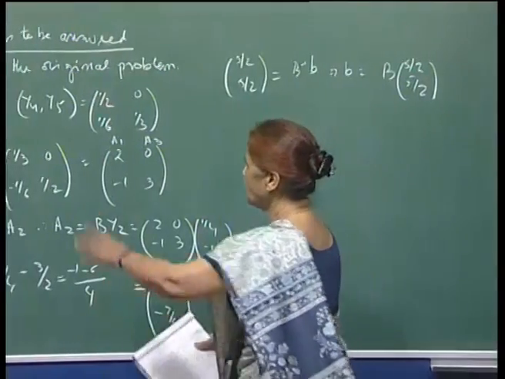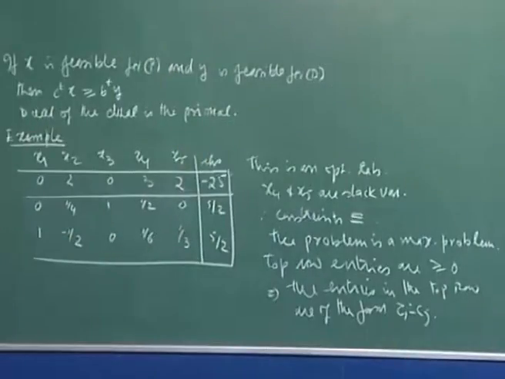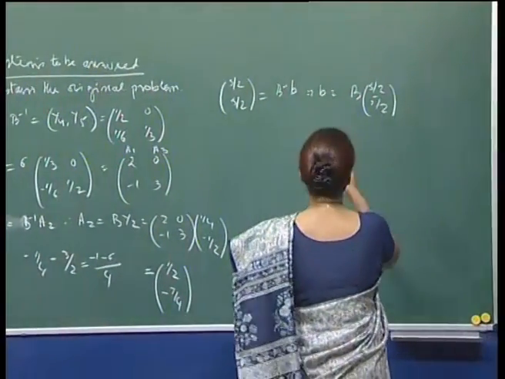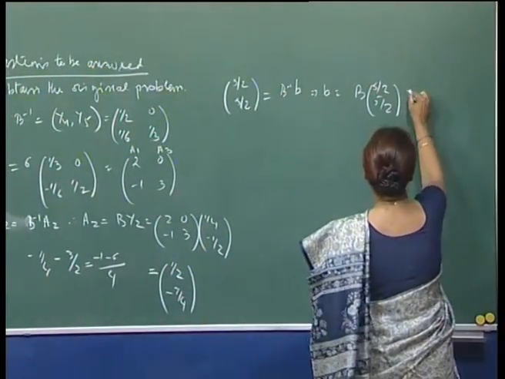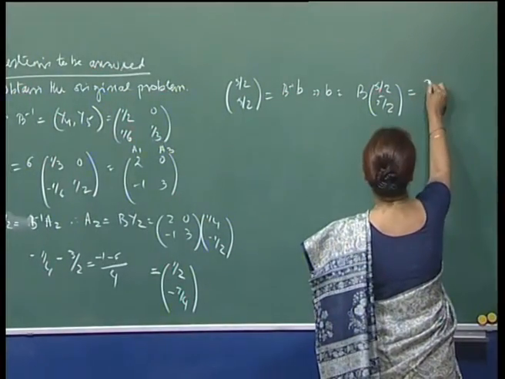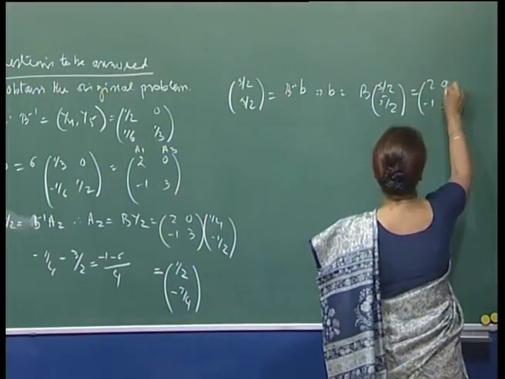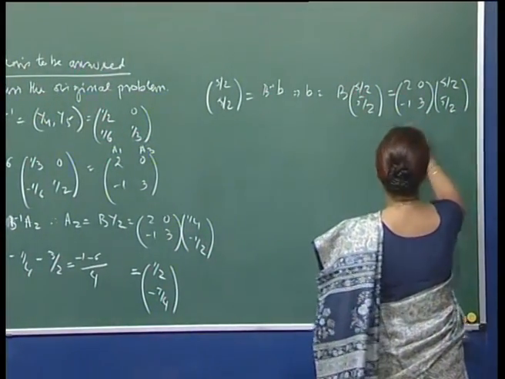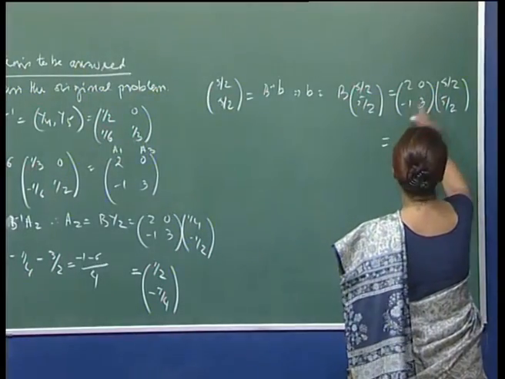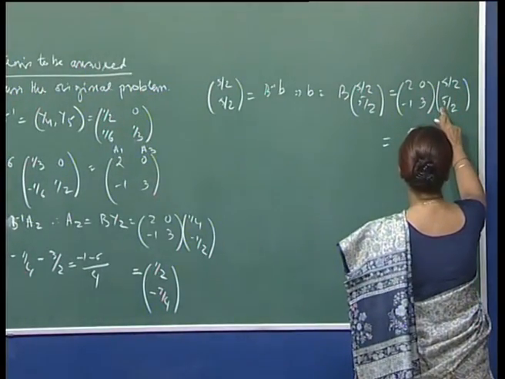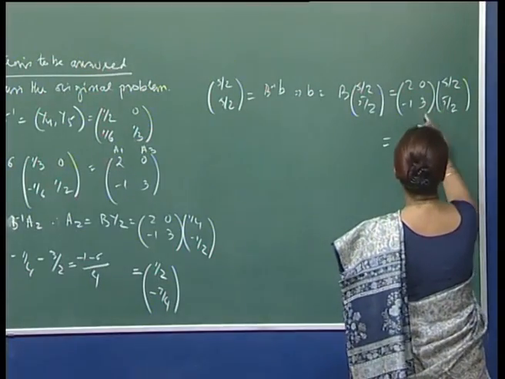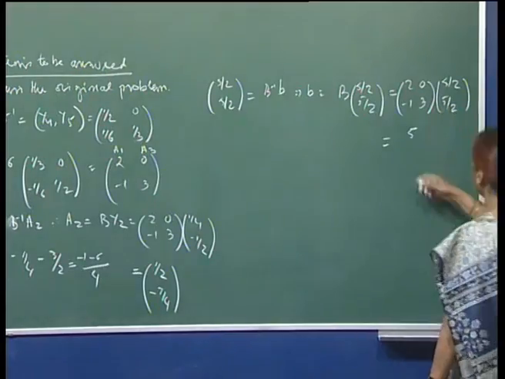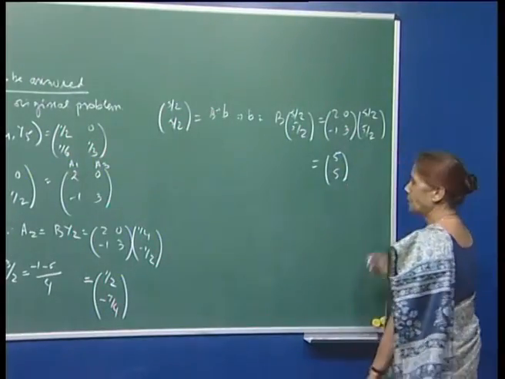So the first question actually is familiarizing you with the simplex tableau and what is where, and then we'll come to the dual part. So your B is 2, 0, minus 1, 3, and this is 5 by 2, 5 by 2. So this gives you 5, and then minus 5 plus 15, so 10. This is also 5. So you get your B also.